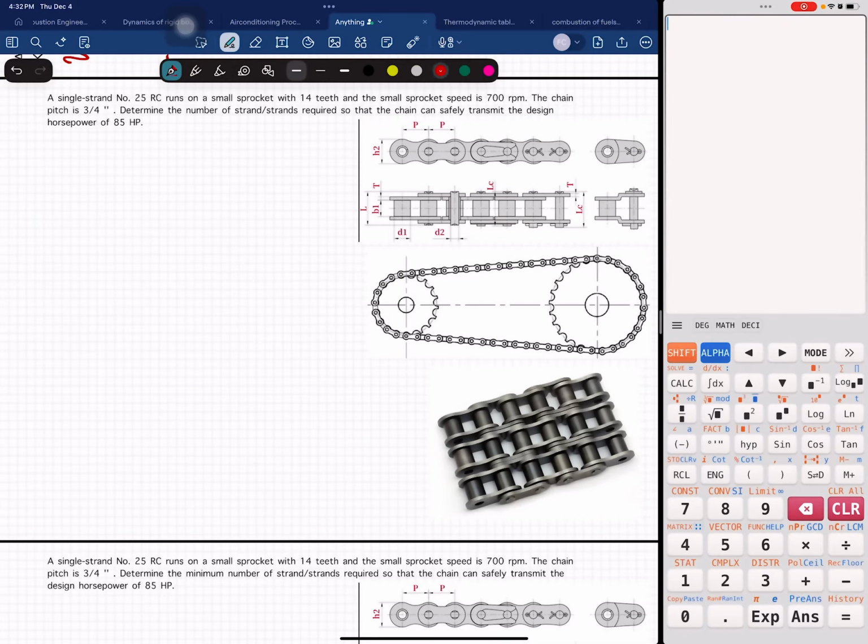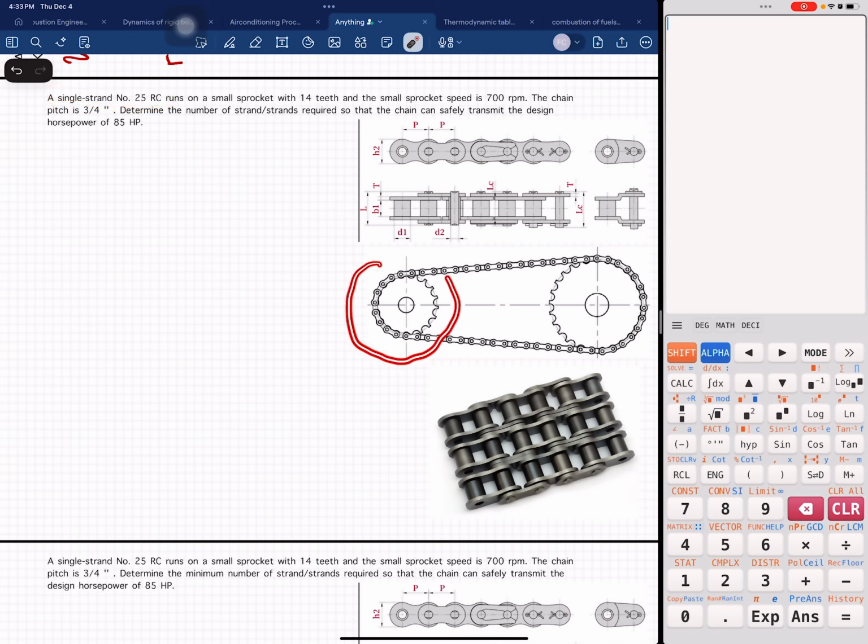Hi, so in this video we'll be discussing a problem to design a power transmission system, specifically in chain drives, okay? As you can read in the problem, you have a single strand number 25 roller chain.